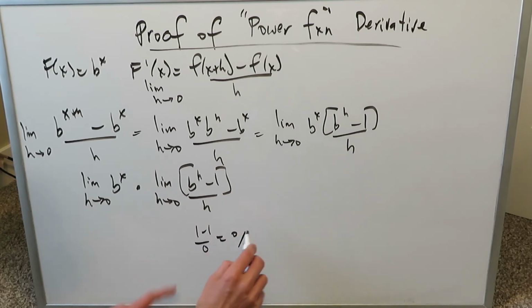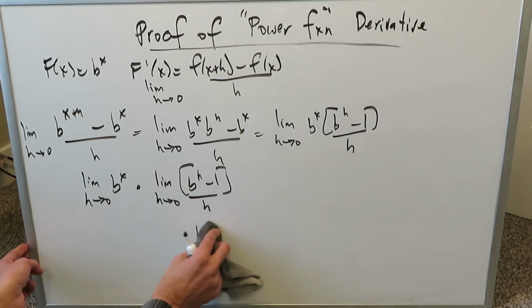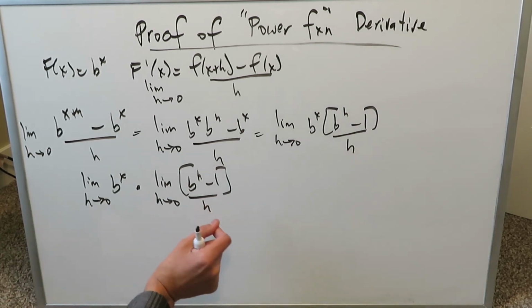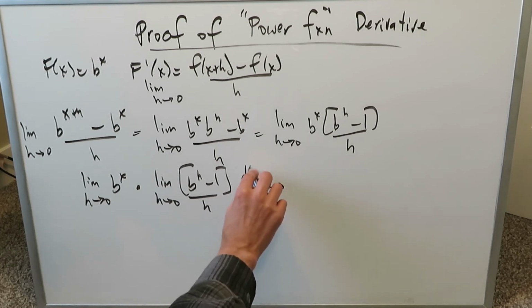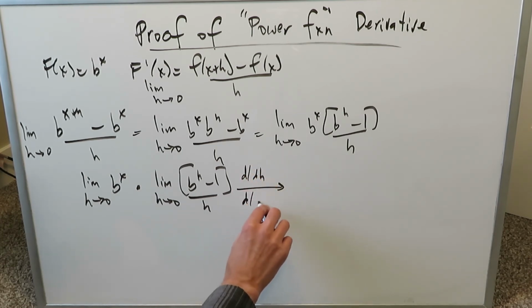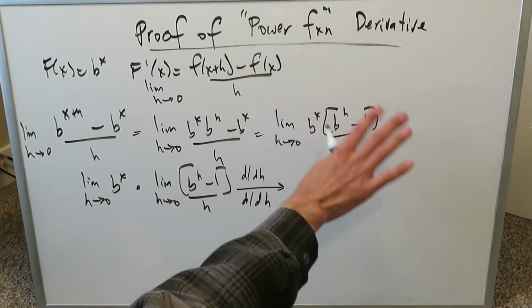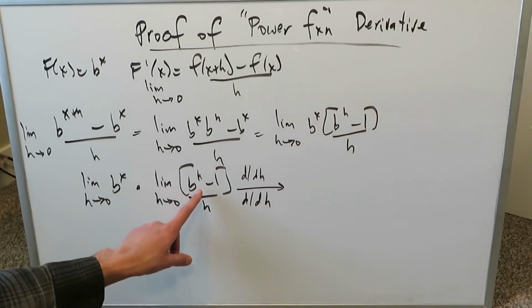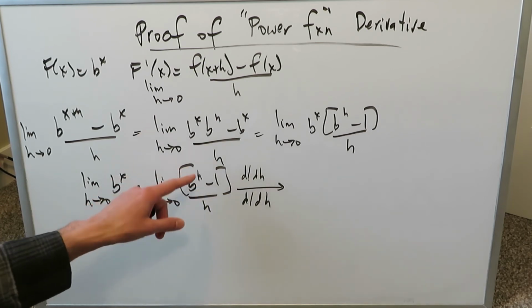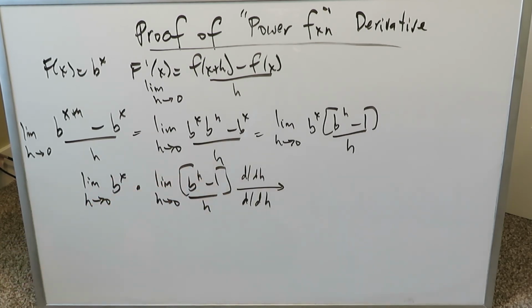I'll get 0 over 0, an indeterminate limit form for which you can use L'Hopital's rule to evaluate this part. You take the derivative of the numerator and the derivative of the denominator with respect to h. But we've already looked at that earlier derivation procedure for anything which looks like b to the x or b to the h. It doesn't matter what the variable is, but anything which looks like a power function.